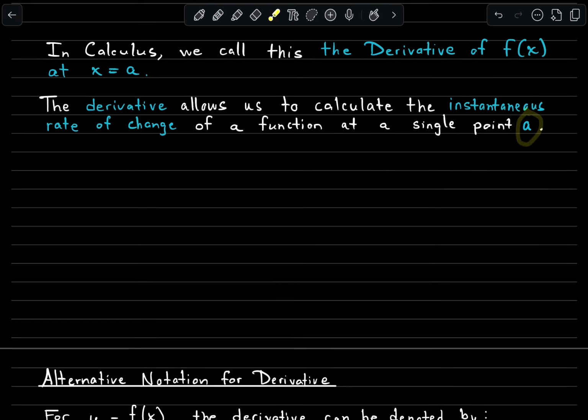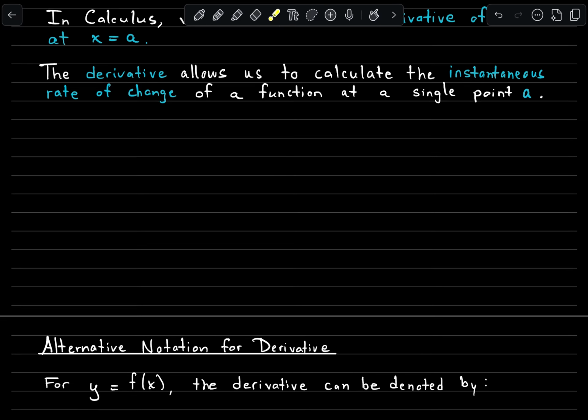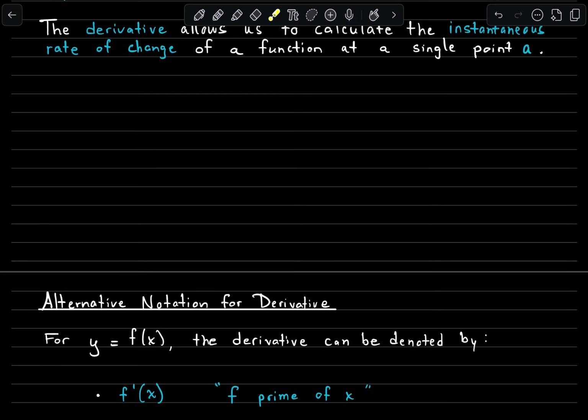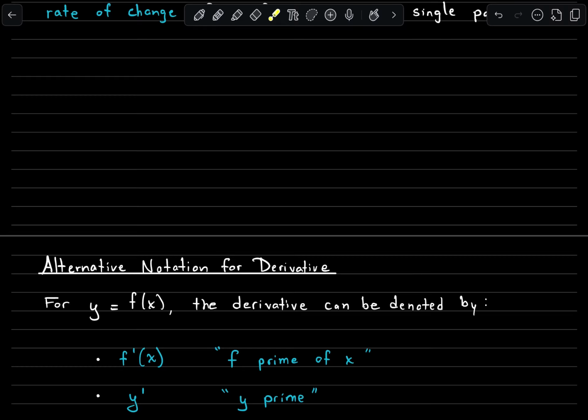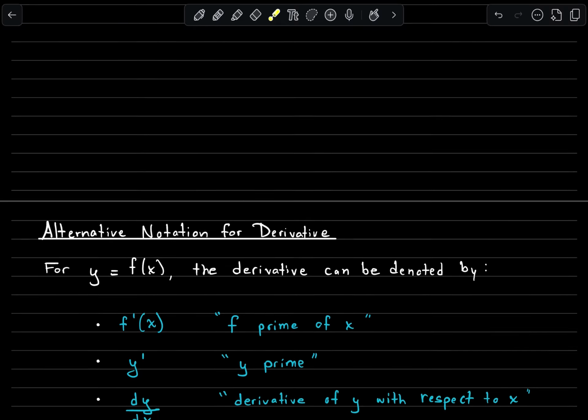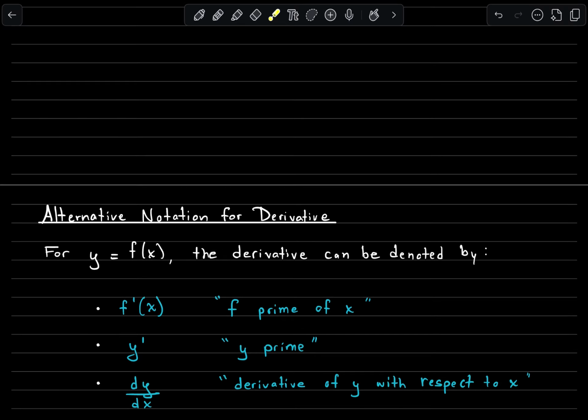So some alternative notation you might see. So if y is equal to f of x, the derivative can be written as f prime of x. This is probably the most common notation. Sometimes you see y prime. Sometimes you see dy over dx, and this is telling you that you're taking the derivative of a function y with respect to x. This is much more useful in higher level calculus where you have a multivariable function.